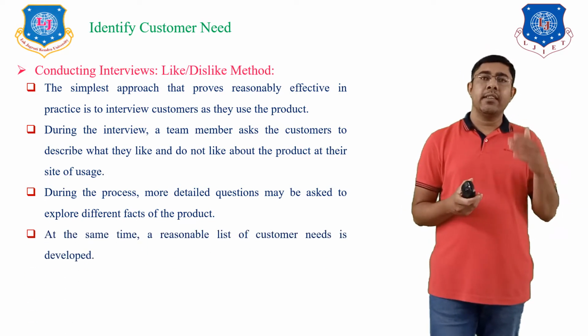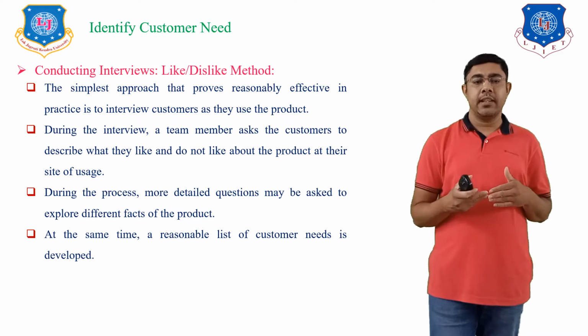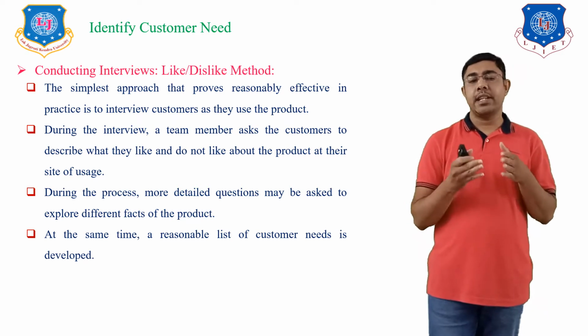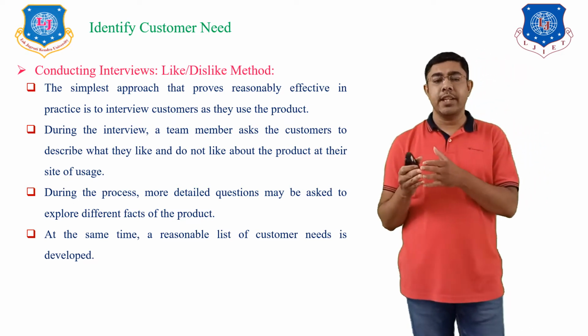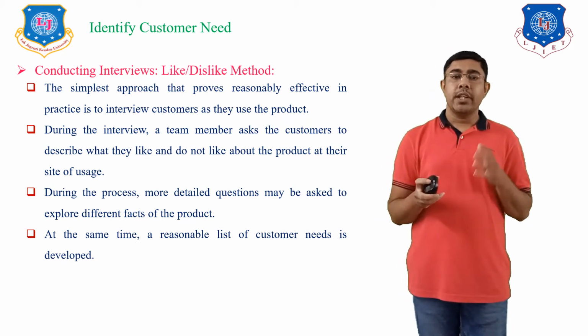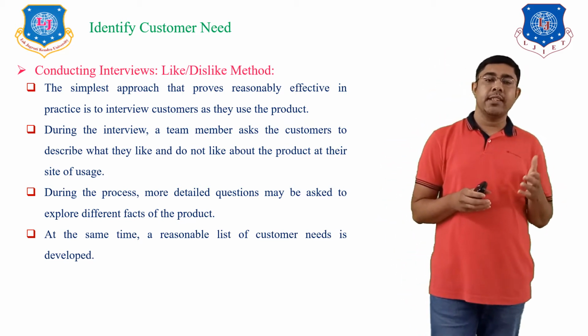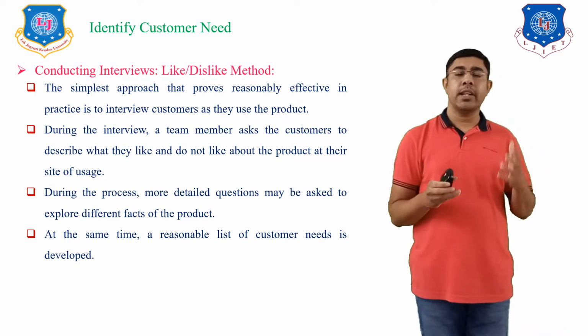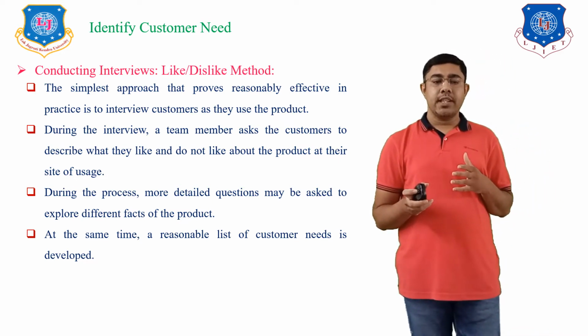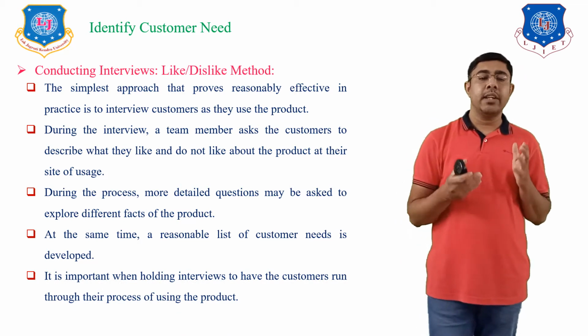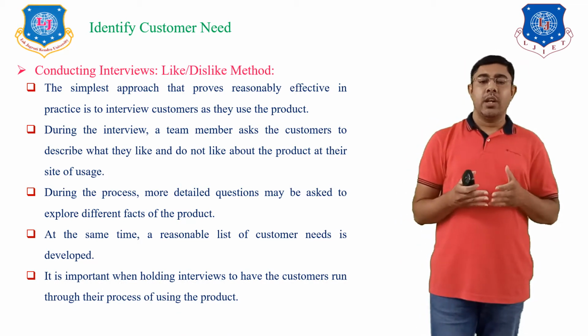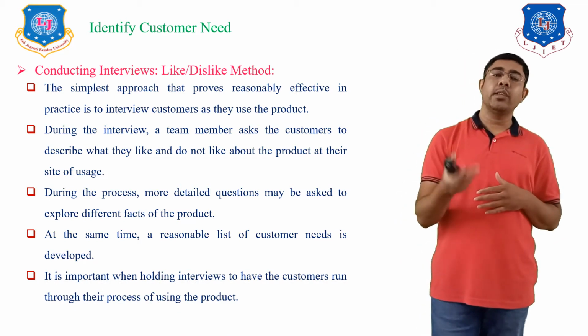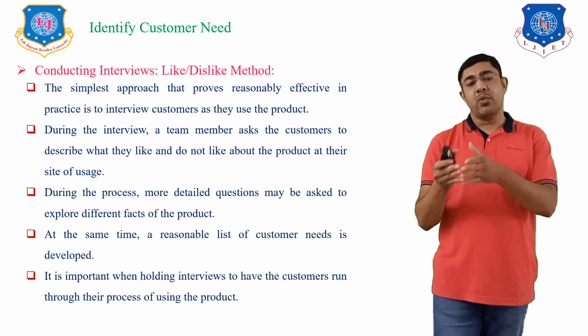Whenever the interview is held, at the same time a reasonable list of customer needs is developed. So it is very important, when we use the like-dislike method, to have customers run through their process of using products.